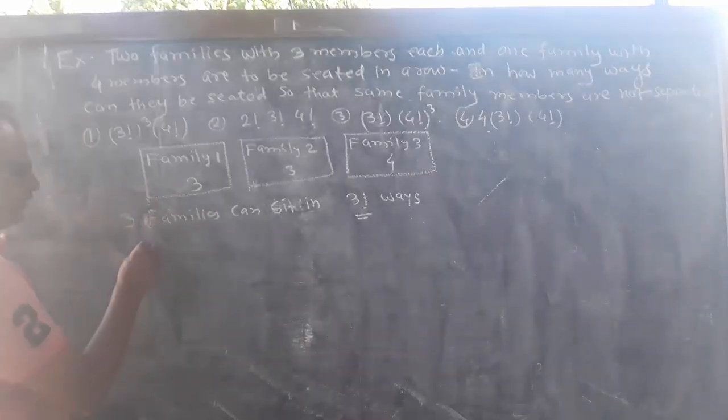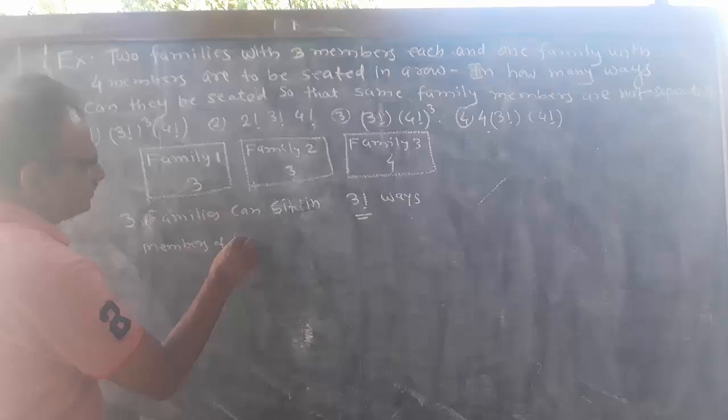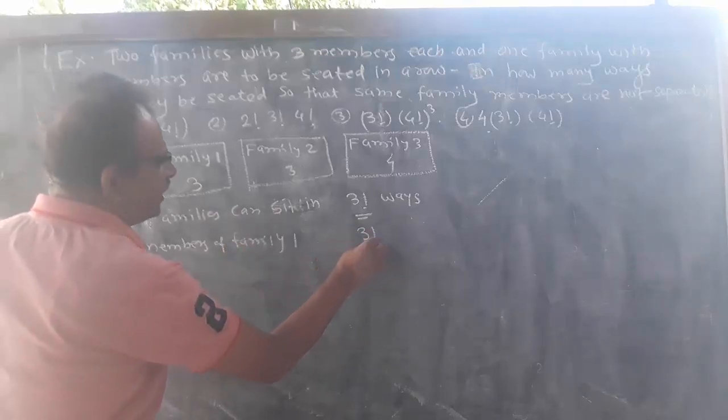internal arrangements. Members of family 1 can sit in 3 factorial ways.